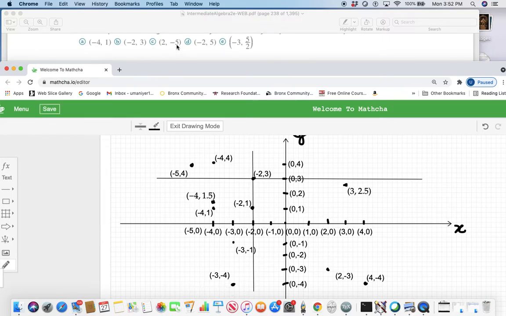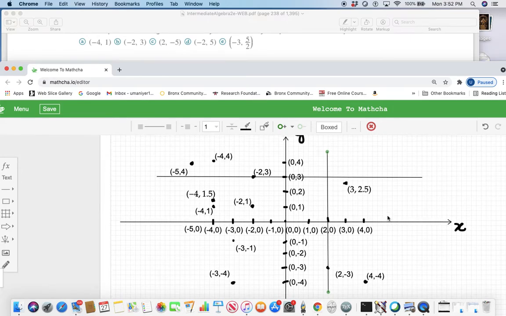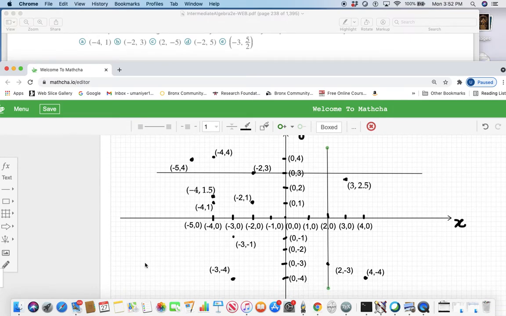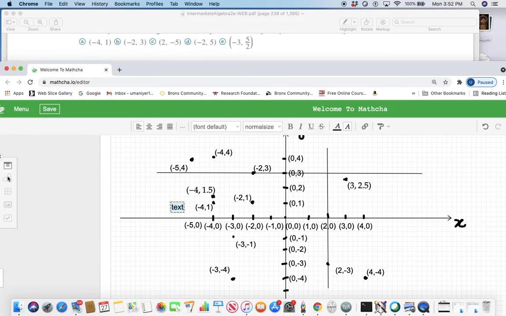2, negative 5. You've chosen on the x coordinate 2. So the up-down line, the vertical line, must go to 2. Okay. Negative 5 on the y-axis. Aha. I have not plotted negative 5 here. Negative 5 is somewhere here. So let's write down that point to be 0, negative 5.